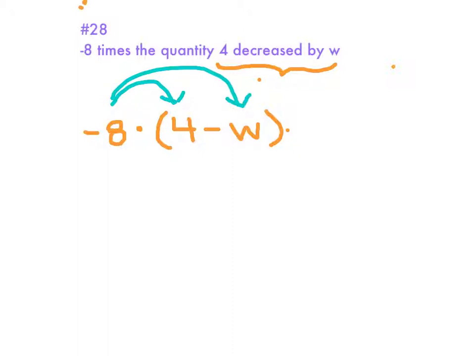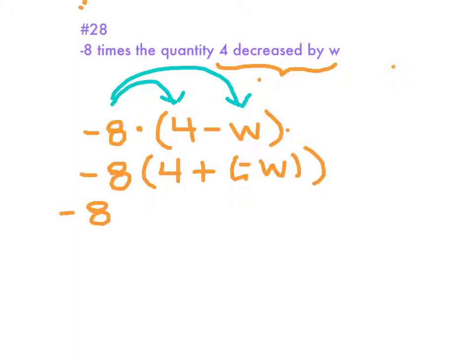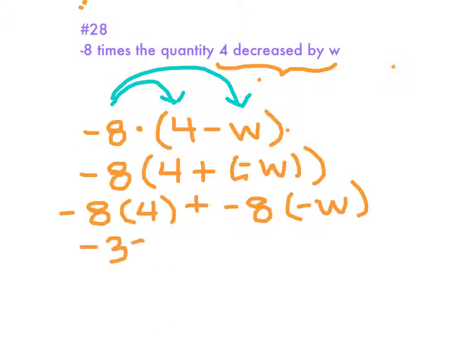I'm going to rewrite this as an addition problem, so that gives me negative 8 times 4 plus negative W. And now I distribute that, and I get negative 8 times 4 plus negative 8 times negative W. A positive times a negative is negative, and 8 times 4 is 32.